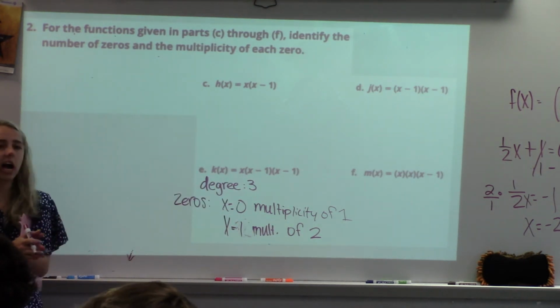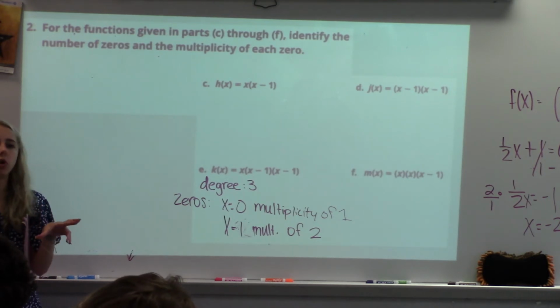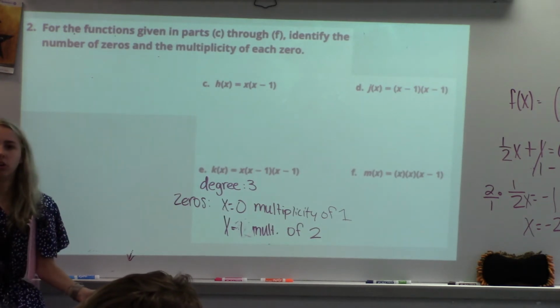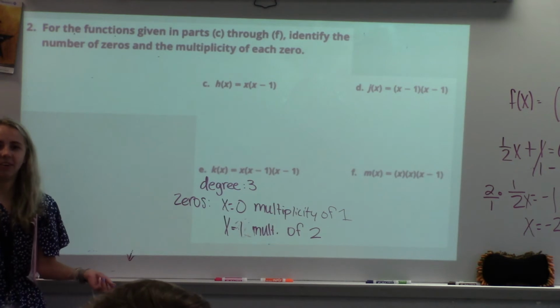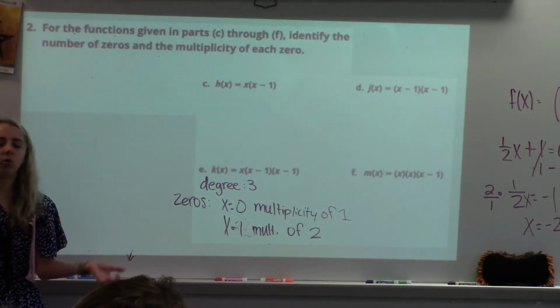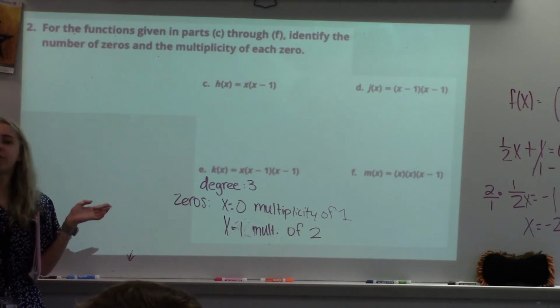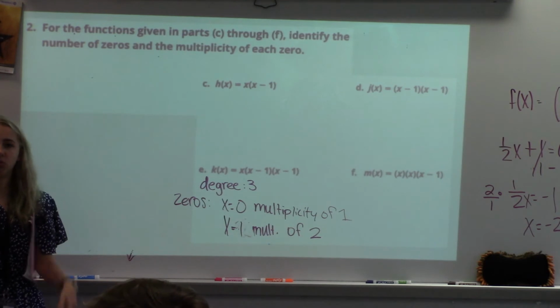In your groups, go ahead and continue, do the rest of them. You don't have to talk about zeros and multiplicities for A and B. Why not? Why are they so simple, Jane? What's different about those functions, A and B? Those are linear functions that cross the x-axis how many times?